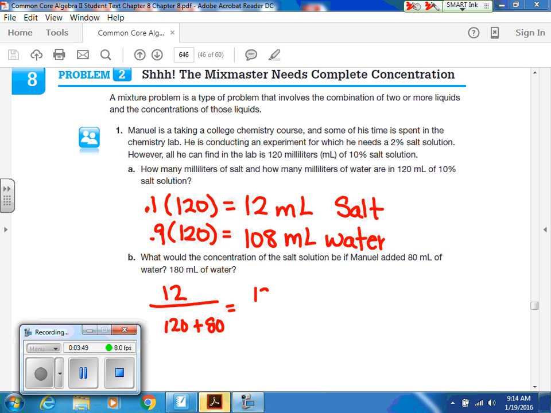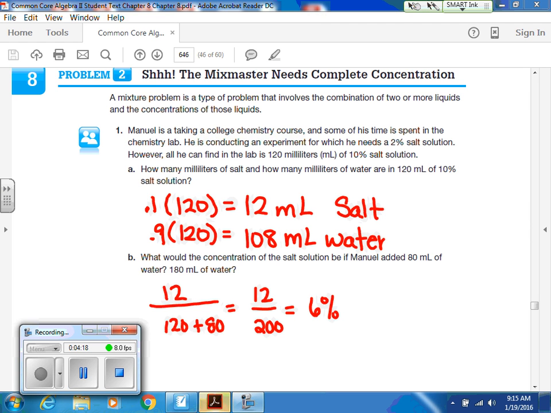So now he's going to have 12 out of what? 200. So what would that concentration be? What's 12 out of 200 as a percent? 6%. So if he added 80 milliliters of water, he would be at 6%.